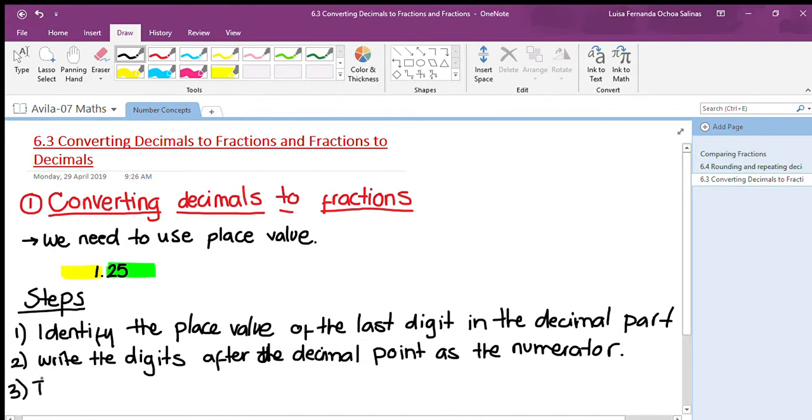So basically what we identified in step 1. Maybe I should write it like that. Let's delete this bit. So what we identify in step 1, that's going to become our denominator.